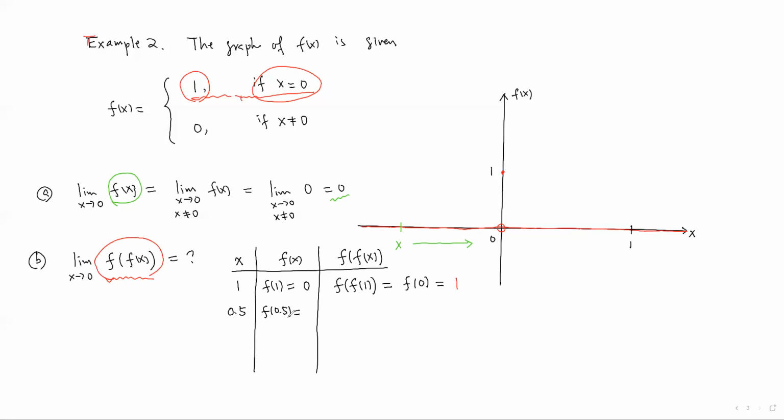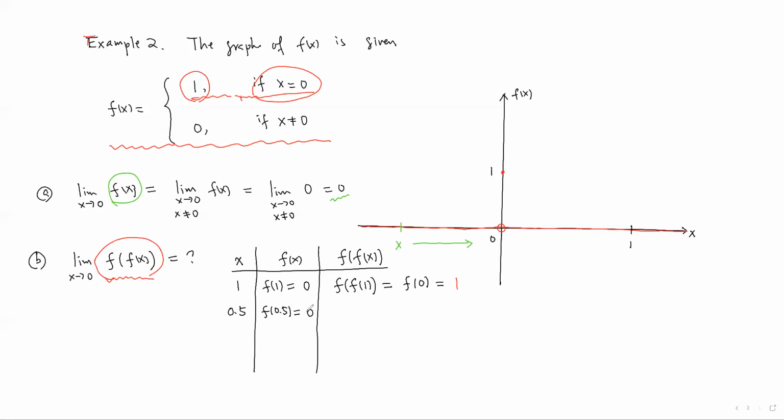What is that? According to the definition of function f, when x is not equal to 0, the function value is 0. So f of 0.5 is 0.